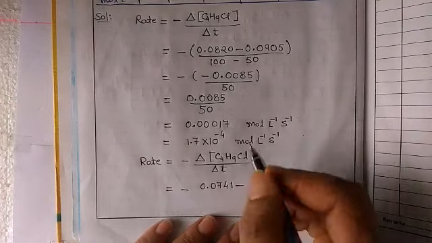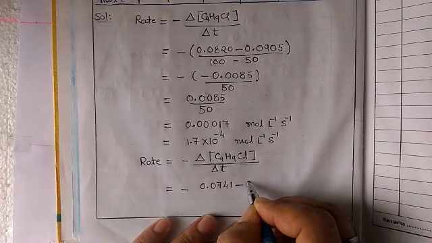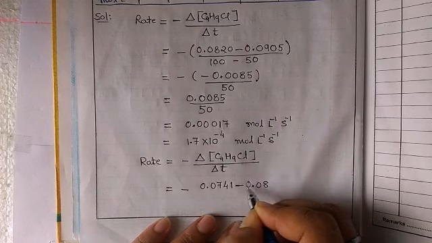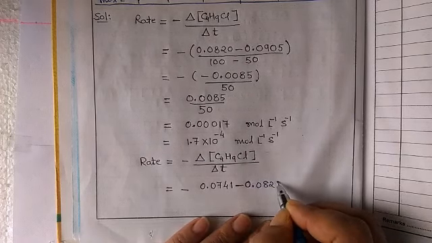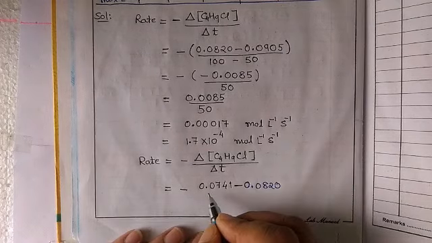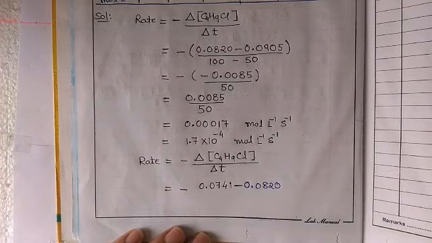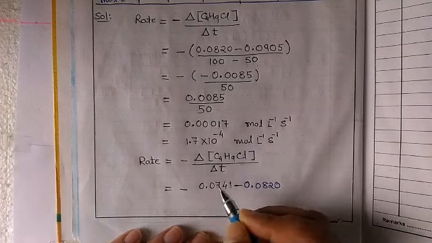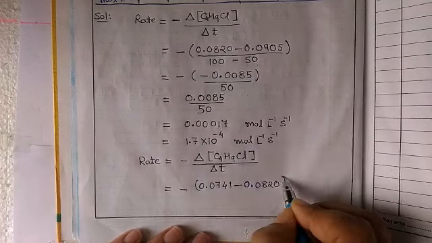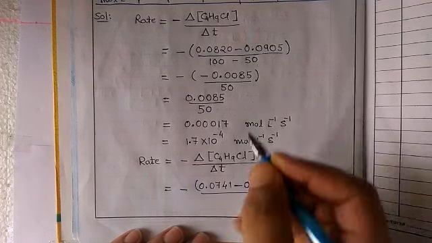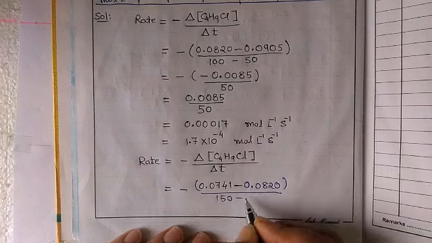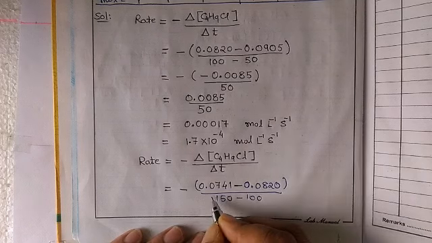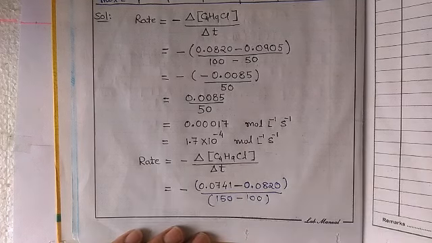Next value to be taken is 0.0820. We have these values, so let's put bracket, and then we have time. For this we have 150 minus 100 seconds.